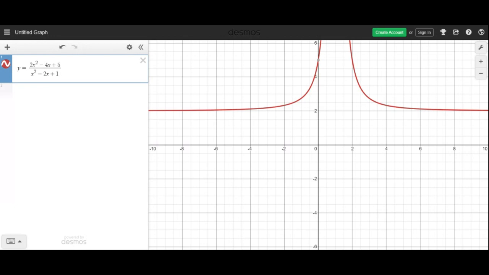Okay, so German says x equals 1 and y equals 2. All right, so you're saying we have a vertical asymptote at x equals 1 and then a horizontal asymptote at y equals 2, right? So those are both correct. So now, if we want to think about domain and range, then, if that's where our asymptotes are, what would be the domain for this function then?